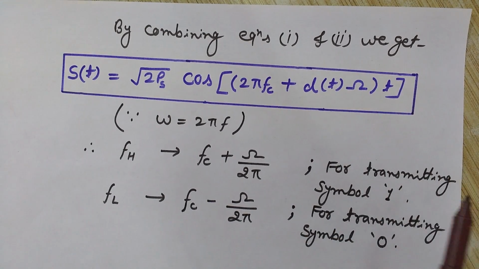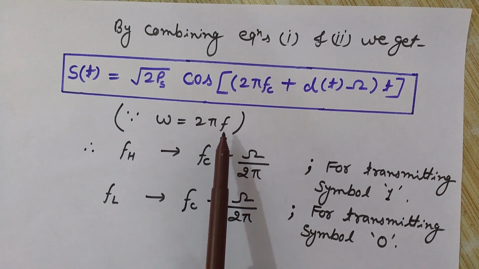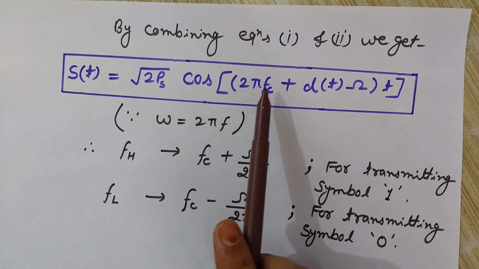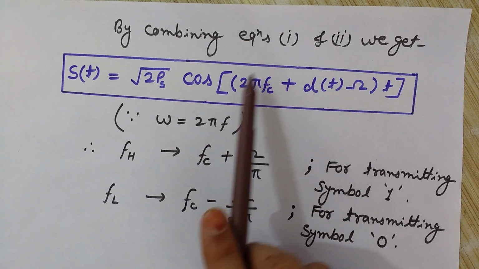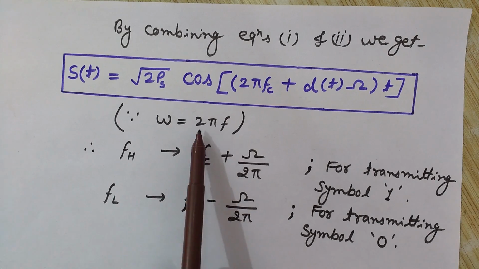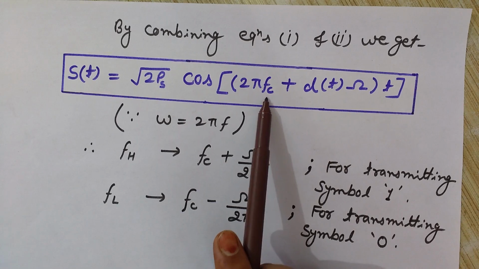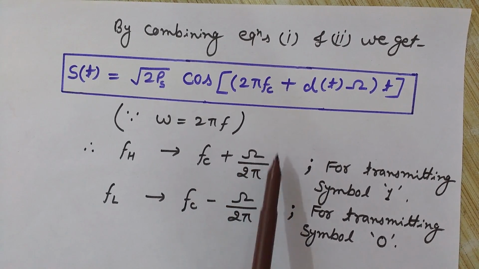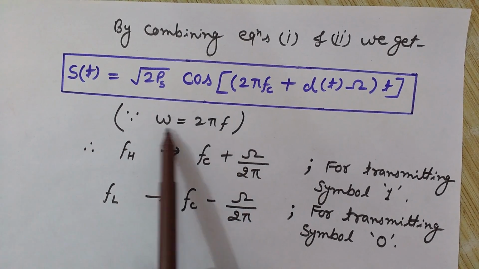So we understand that omega is 2 pi f, and f is nothing but omega divided by 2 pi. So if I want to write the frequency component, f is omega divided by 2 pi. To get the high frequency component, we have fc, the frequency of the carrier wave, plus the frequency increment omega by 2 pi, since f is omega divided by 2 pi.